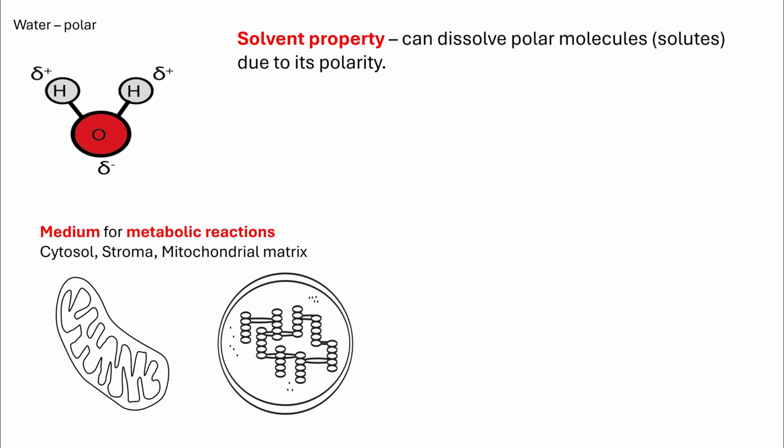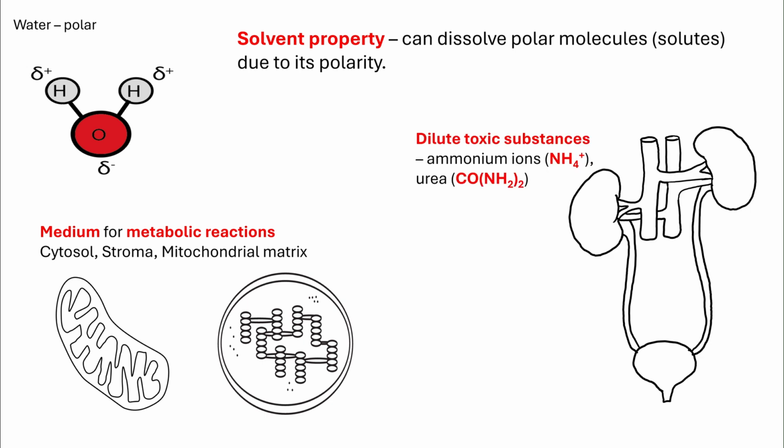The mitochondrial matrix, another fluid which therefore needs to be able to dissolve substances into it. Another part of the solvent property is the fact that it's actually very important for diluting toxic substances. So ammonium ions, urea, you'll learn about them when you look at the module 5 topic of excretion.